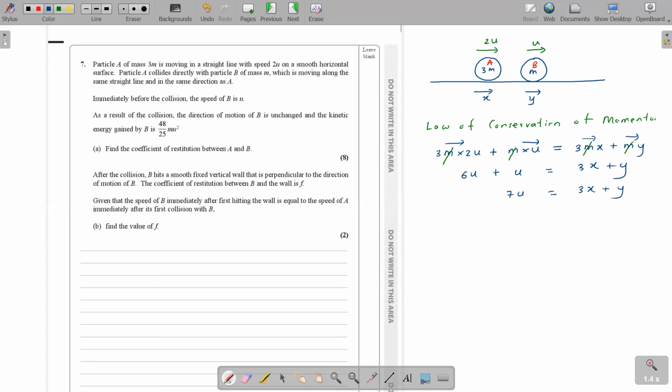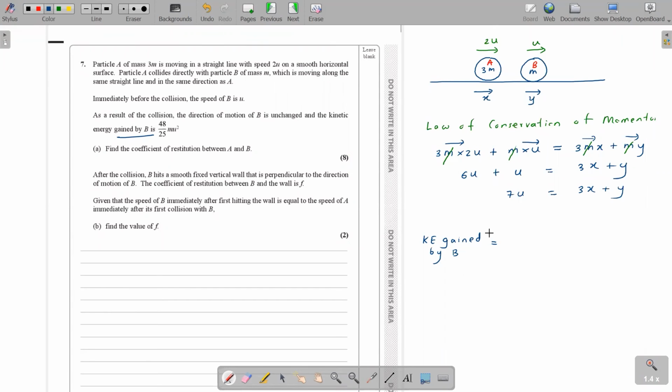They have given us one more thing about the kinetic energy gain. Let's write about the KE gain. The kinetic energy gained by B. How do we find the gain? Gain means it has increased, so basically the amount that has increased.